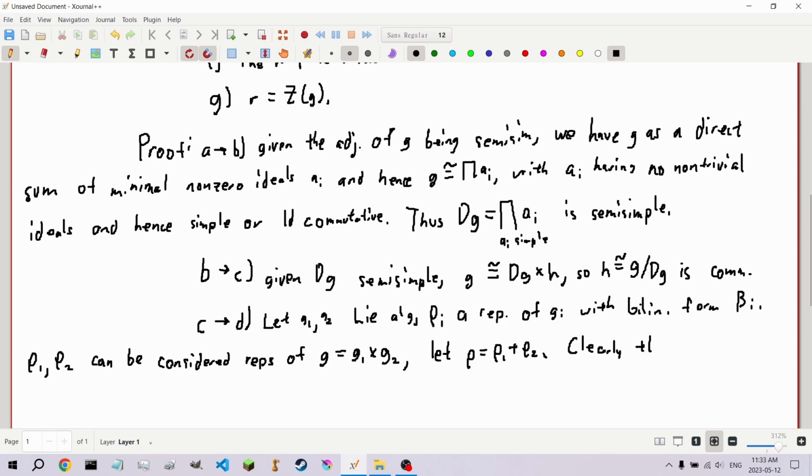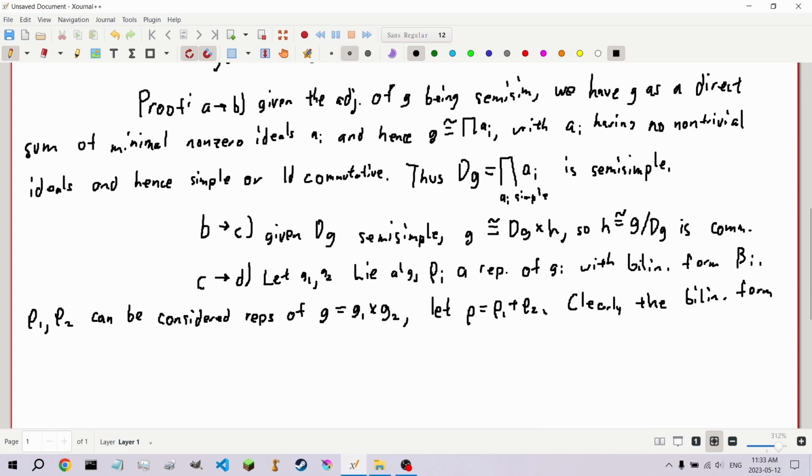Clearly the bilinear form on G by rho is the direct sum of the bilinear forms we have there, and hence inherits their non-degeneracy.